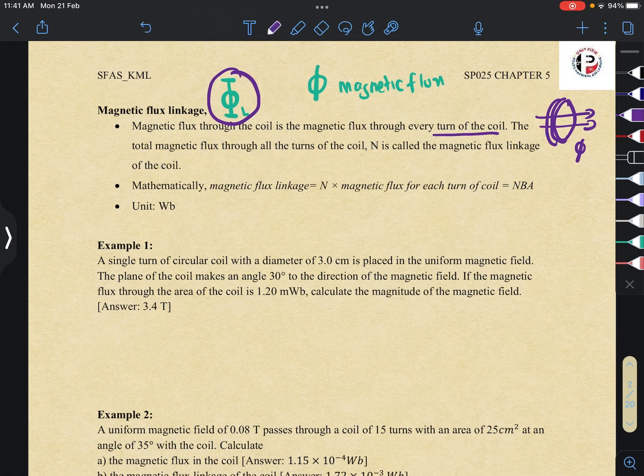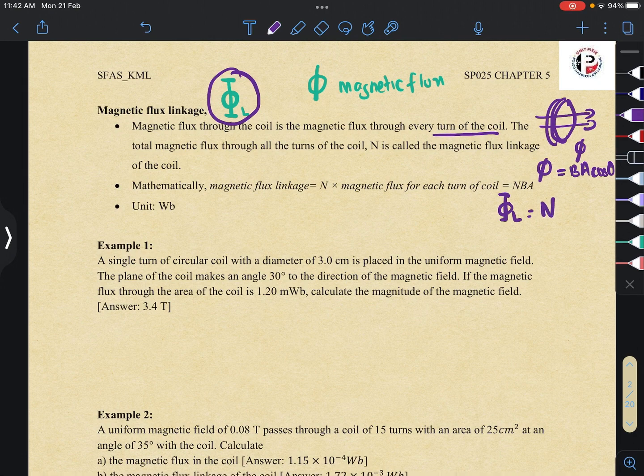For every single turn, there will be flux BA cos theta. So for the total coil here, you're going to have N number of turns. So the magnetic flux linkage is basically the total flux for every single turn.